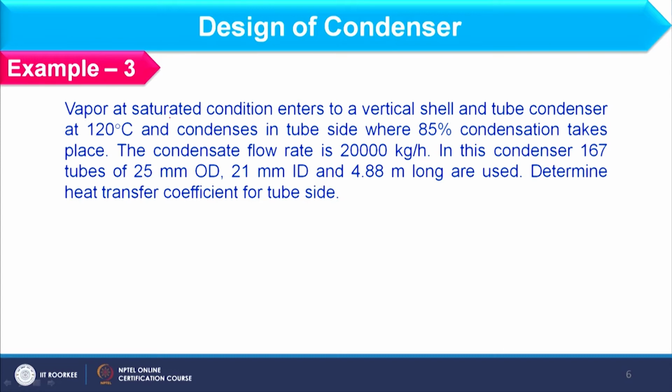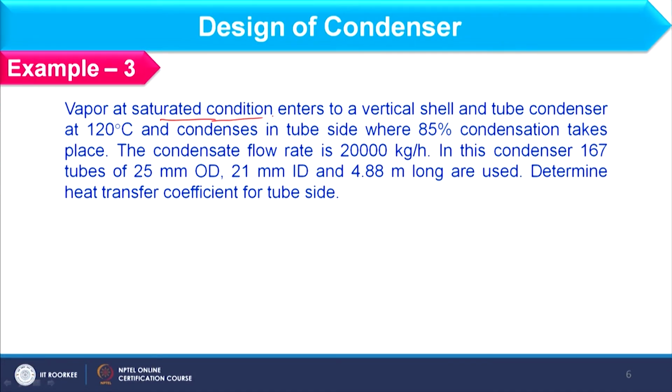Now I have another example, which is basically example 3 for design of condenser, and this example says that vapor available at saturated condition enters a vertical shell and tube condenser. Okay.